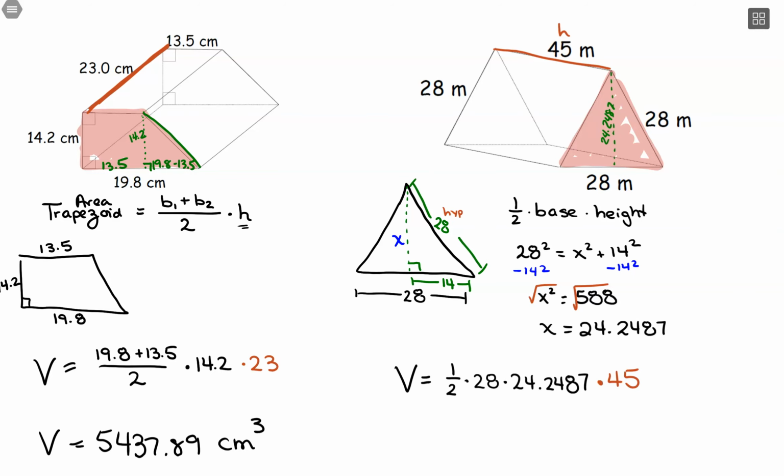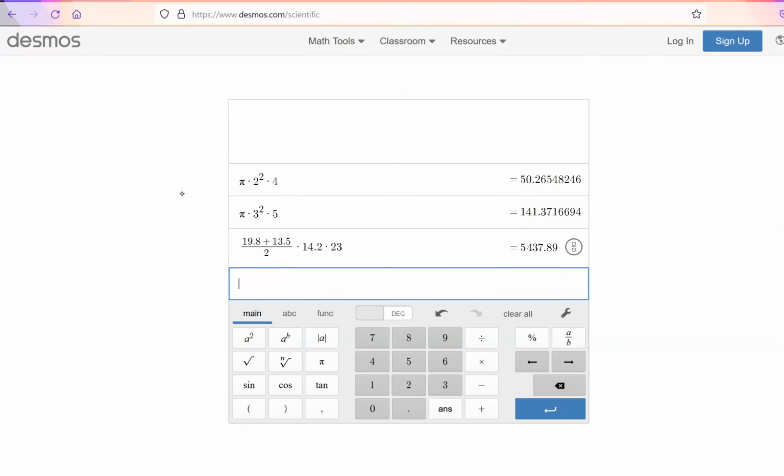So with that, we can go to the calculator and just plug that in. So we'll have 1/2 times 28 times 24.2487, or you could type in the square root of 588 if you want it to be even more accurate, times 45 for 15,276.681.